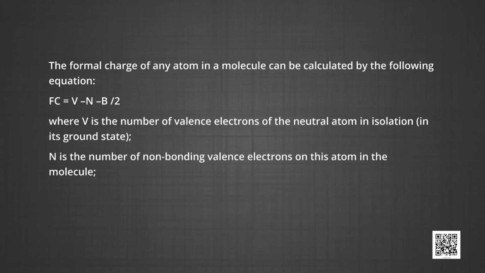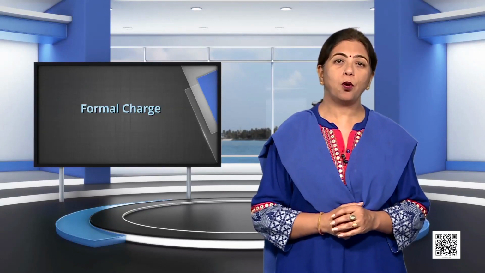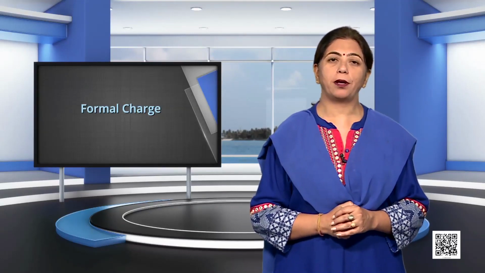N is the number of non-bonding valence electrons on this atom in the molecule, and B is the total number of electrons shared in the bonds with other atoms in the molecule. The counting is based on the assumption that the atom in the molecule owns 1 electron of each shared pair and both the electrons of a lone pair.